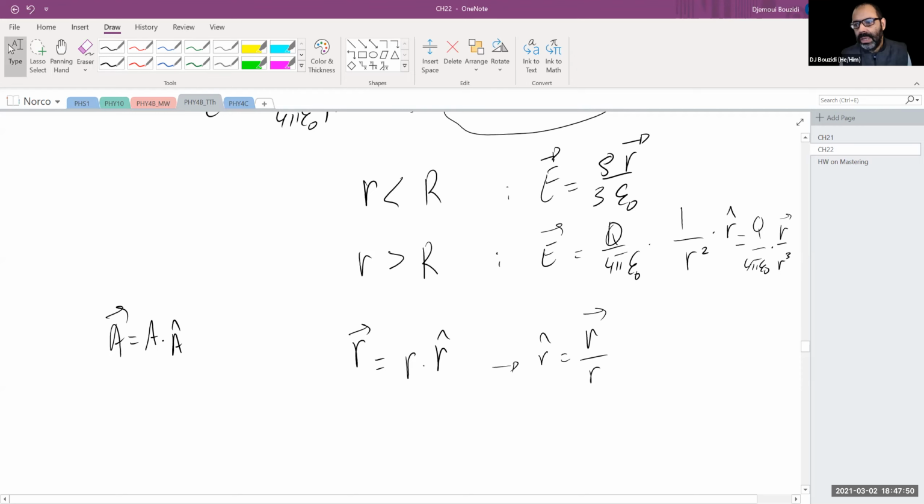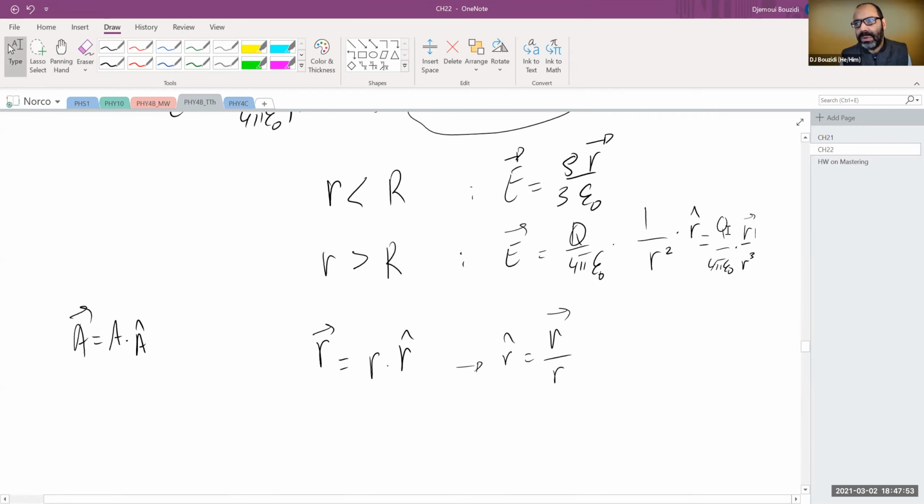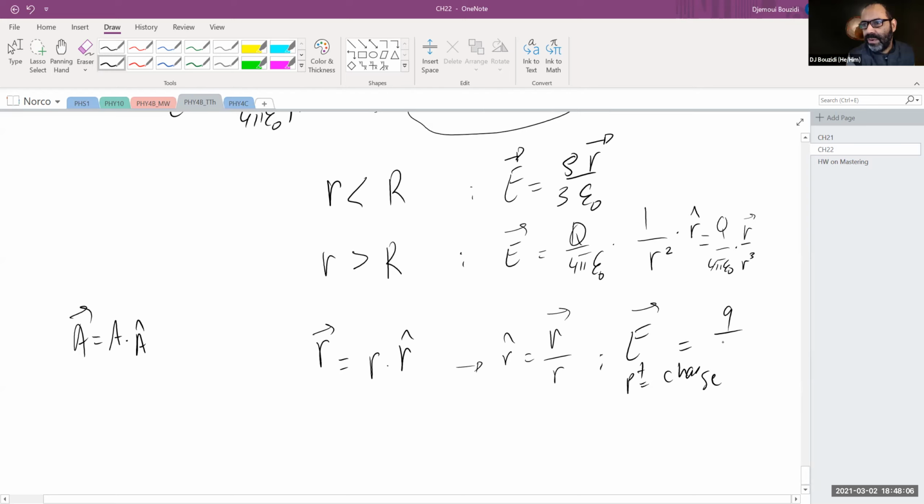Okay, and this looks awfully similar to that of a point charge, because a point charge that has no size whatsoever has an electric field. This is a point charge. This is where we started from, by the way, Q over 4 pi epsilon naught times the same stuff: r hat over r squared, or r vector over r cubed, if you like.